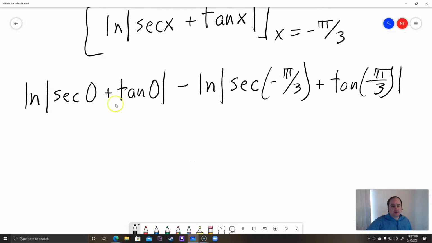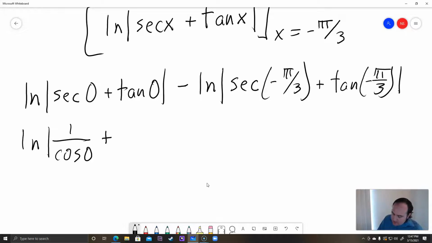Okay, so let's start with the first one. Remember that secant is the same as 1 over cosine, so you might want to rewrite it as 1 over cosine just to make it easier. So we have natural log of absolute value of 1 over cosine of 0. And then remember that tangent is sine over cosine, so that's going to be sine of 0 over cosine of 0.